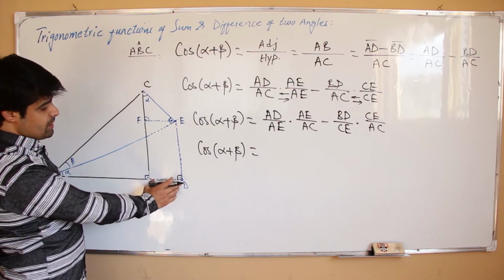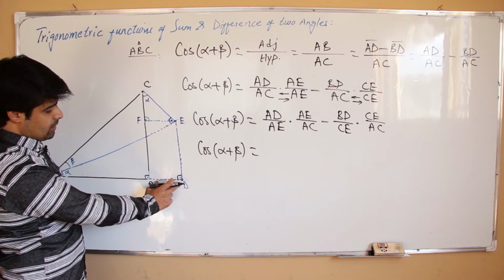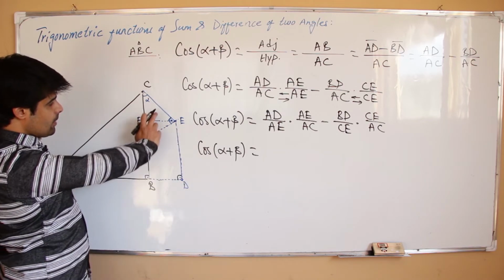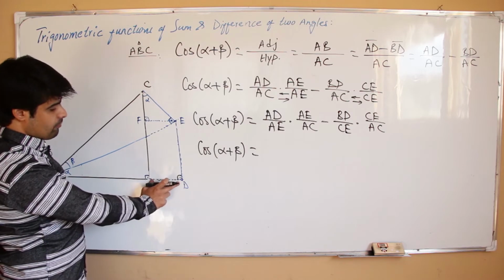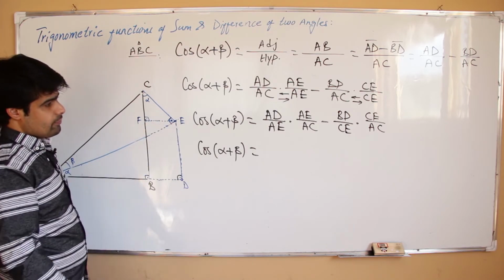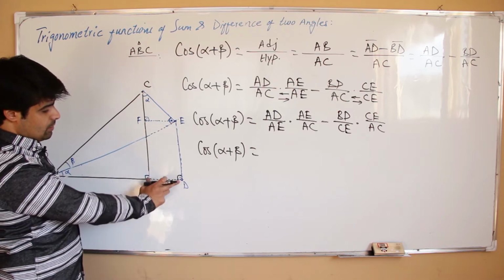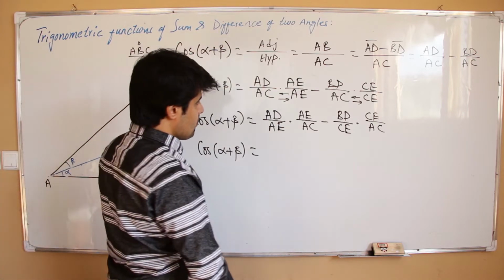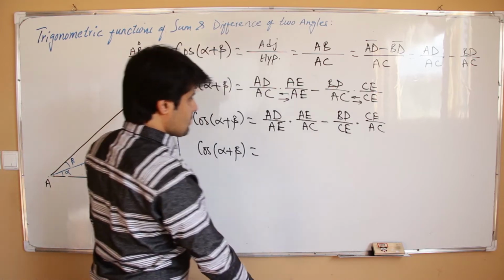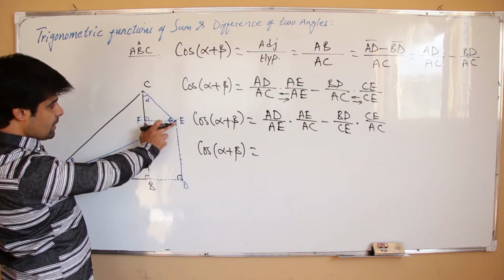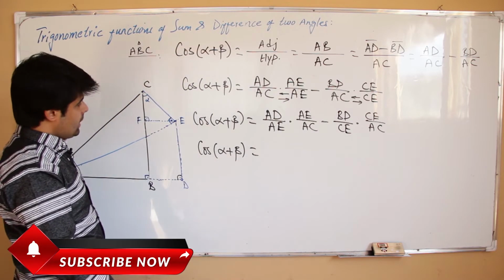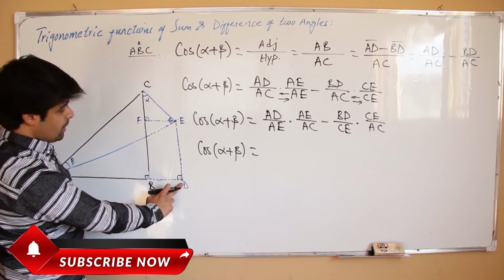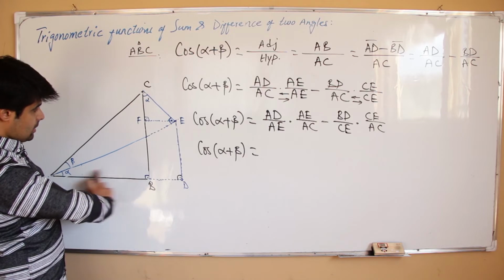Now cosine of alpha plus beta is, in order to have this shared triangle, instead of BD we can write EF. Instead of BD we can write what? EF. Where is BD? BD, this one. And instead of this one I will write EF. Yes. Where is AD? This line. AE is this line.